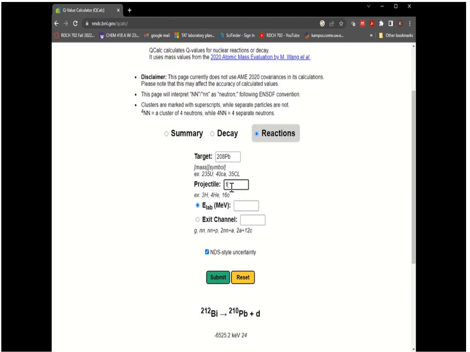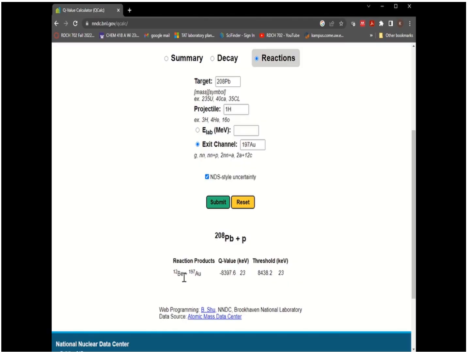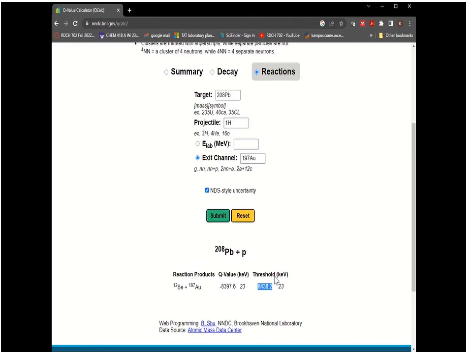Let's start off by just hitting it with a proton, and say I want to make gold-197, the stable isotope of gold. So lead plus a proton, beryllium-12 and gold-197 could be products. The Q value is listed here, and a threshold energy, which we'll describe later in the course, is listed here.